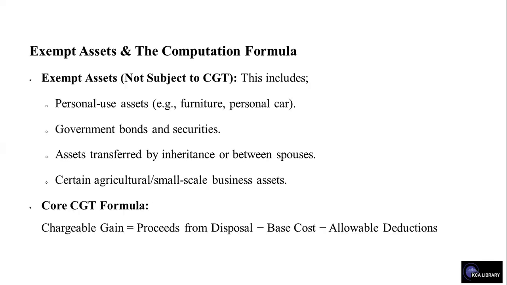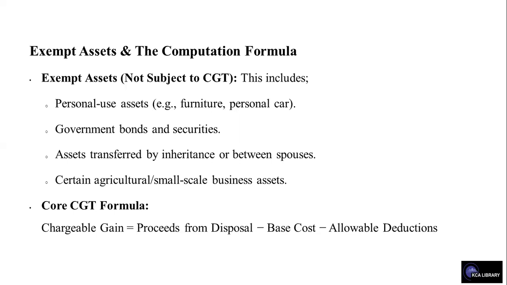And we have exempt assets and the computation formula. Looking at the exempt assets, these are not subject to the capital gain tax, and they include personal use assets like furniture and the personal car.